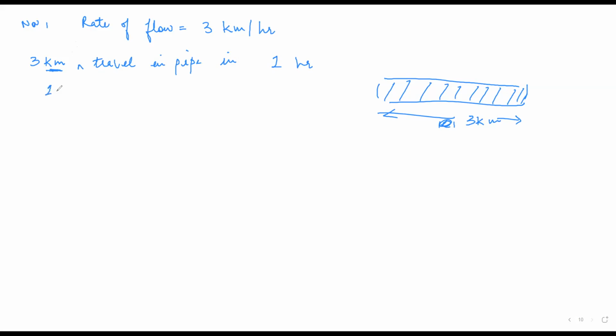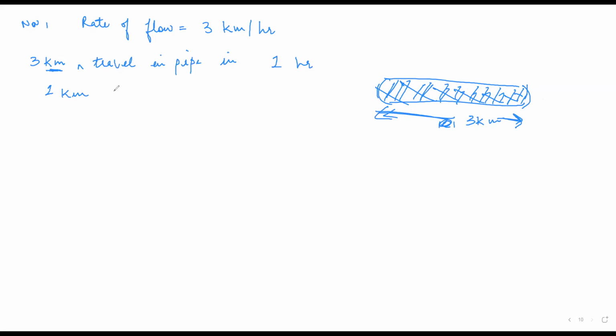So I can say that 1 kilometer of basically the water which is contained. I think you are getting an idea what I'm trying to say, right? That means this much volume of water which is falling in a length of 3 kilometer of pipe, this much volume is actually transferring in 1 hour. Understood?